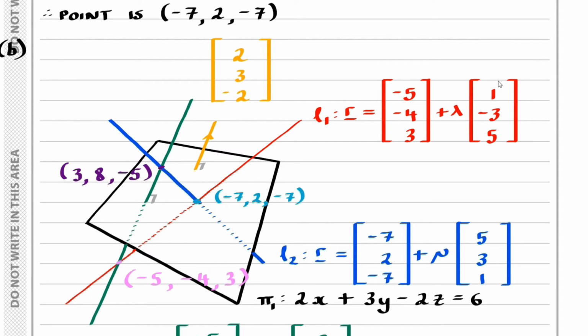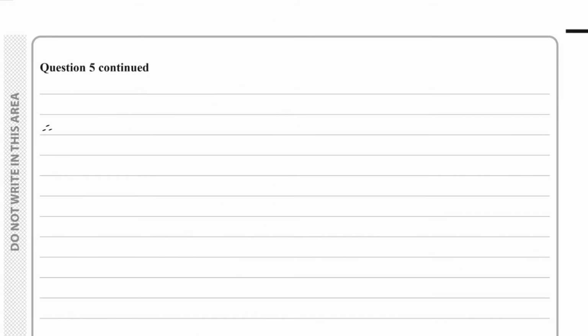So here we have the direction vector of L1, 1, -3, 5, and here we've got the direction vector of L2, 5, 3, 1. So to find the cross product, well, we have our i, j and k. We've got 5, 3, 1 cross with 1, -3, 5.